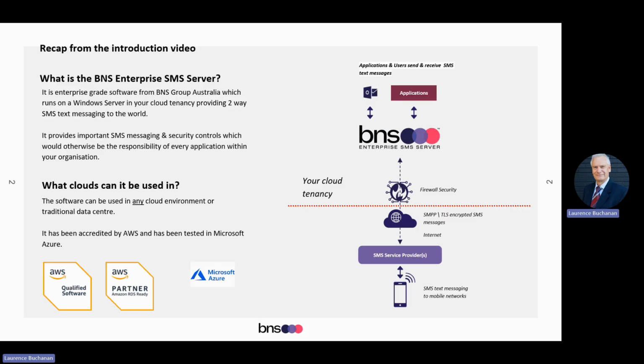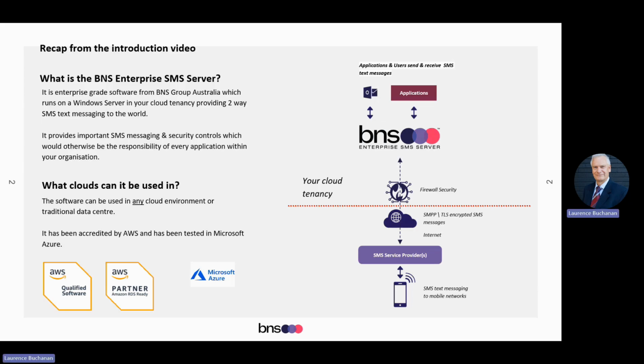So it's maximum security. If you're a bank, financial institution, insurance company, federal or state government, etc., you don't want to be putting data out onto a service provider's network. The only data that should go onto the service provider's network, i.e. an SMS service provider, is the number and the message, no other data.